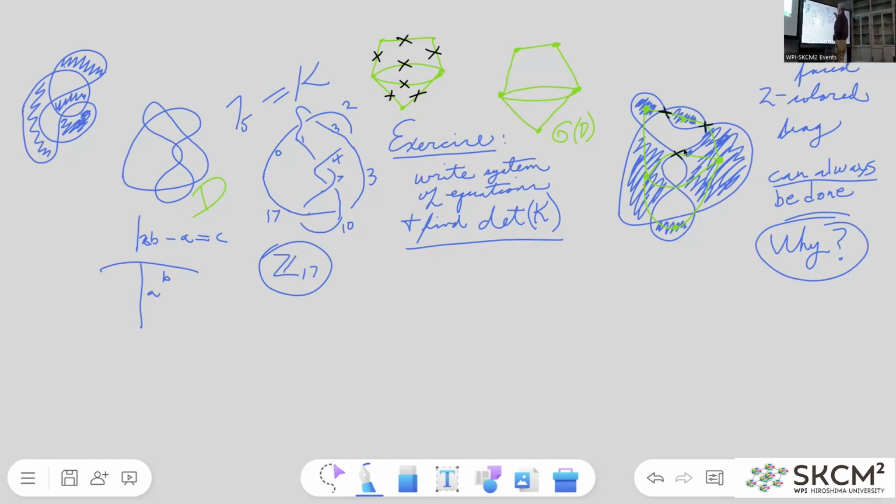And the way I'm going to fill in the diagram is I have a face of the graph, and I start walking around the boundary of the face. And I connect to the first part of the X that I meet.